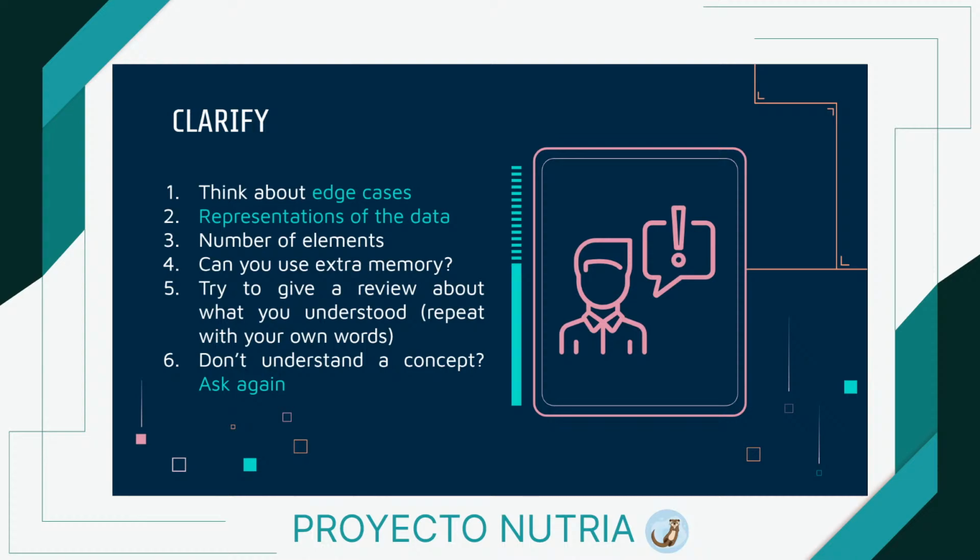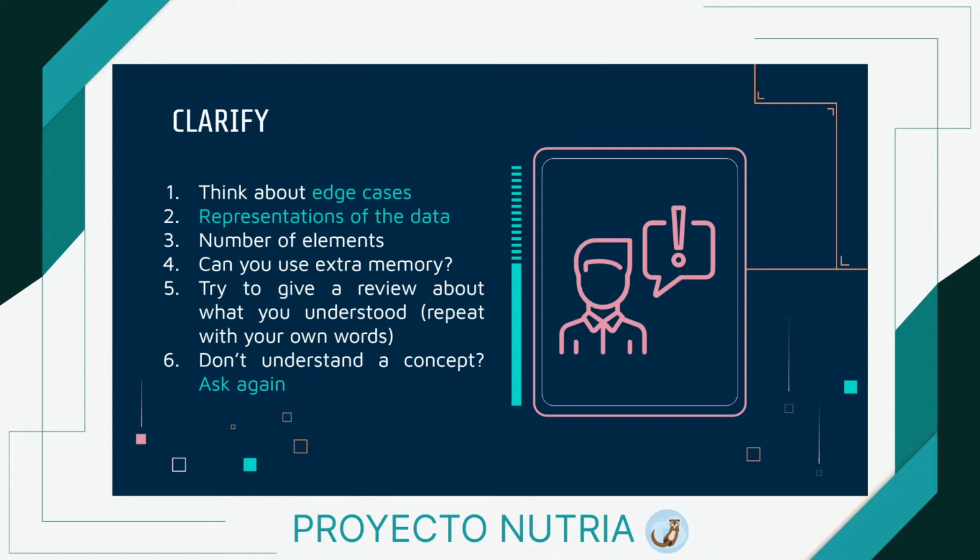Because I didn't ask what the interviewer is going to give me, I'm going to get the answer wrong. So it's important to ask, okay, you're giving me this, and what is the representation of the data? Are you giving me a pointer, a string, a vector, and so on?